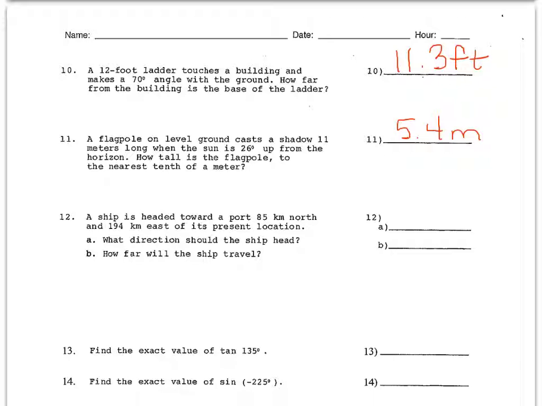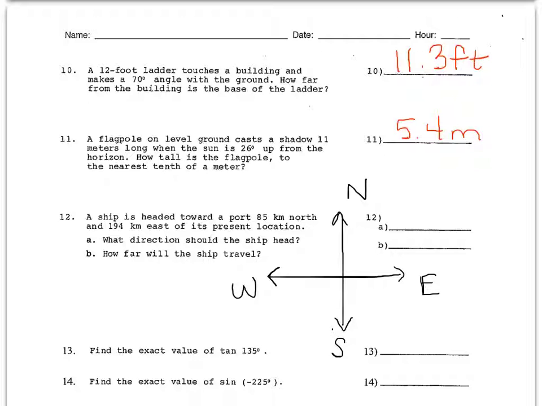Okay, number 12 is one of our ship problems. So these ones you kind of want to at least picture, and I really recommend that you draw a directional grid. So here's north, south, east, and west.